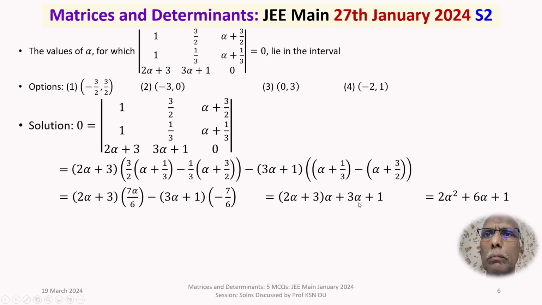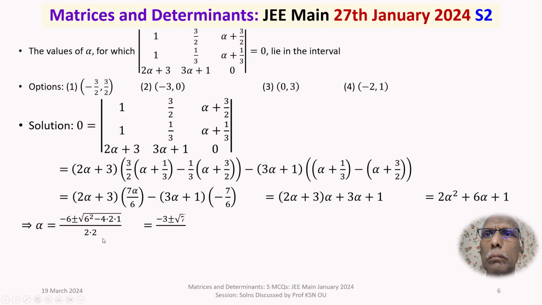After simplification, we find it is 2 alpha square plus 6 alpha plus 1, and this is equal to 0. This is the determinant value. The determinant is this, and the determinant value is 0. Therefore, we get a quadratic equation in alpha. 2 alpha square plus 6 alpha plus 1 is equal to 0, where the alpha can be found out by means of the formula minus b plus or minus under the square root of b square minus 4ac by 2a.